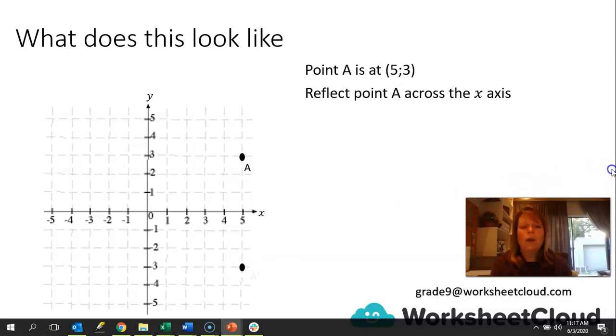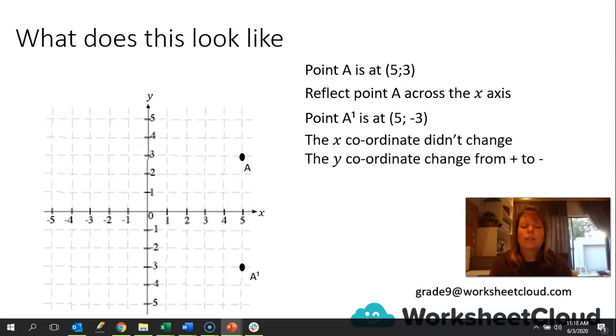So there we have A1, and A1 is a reflection of point A. Point A1 is at (5, -3). Can you see how we've reflected it across the x-axis? The x coordinate stays the same, but the y coordinate changes from a positive to a negative. As you can see, the x coordinate didn't change at all, because we reflected across the x-axis.